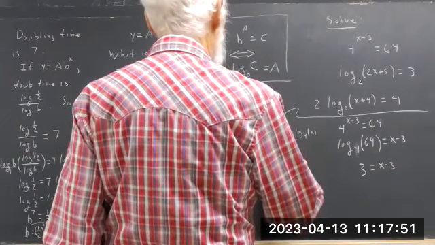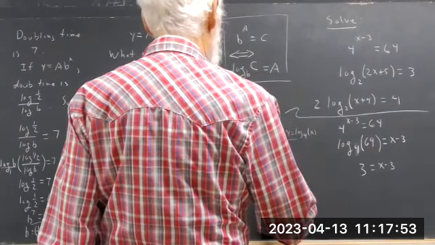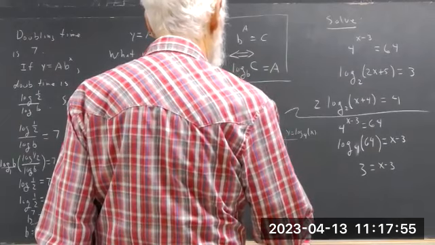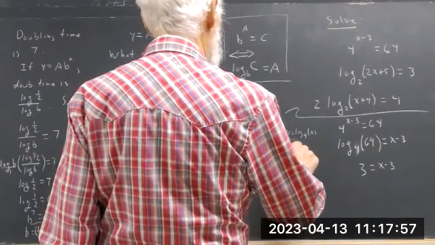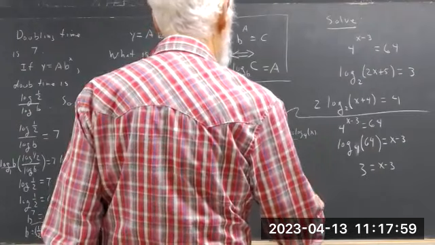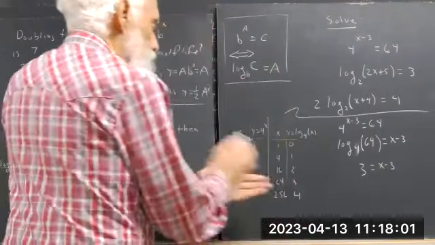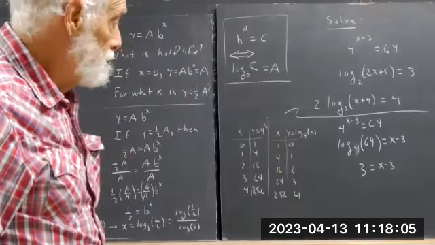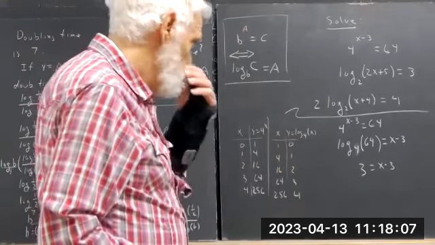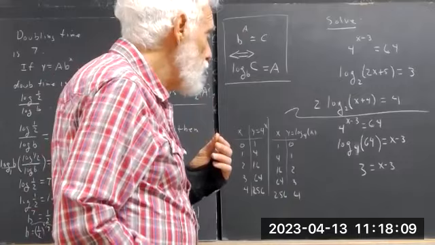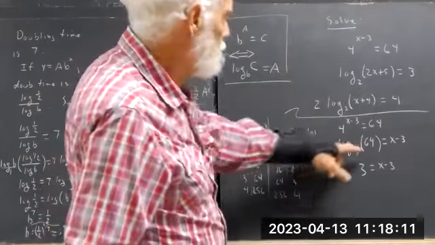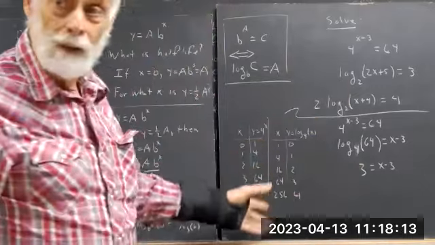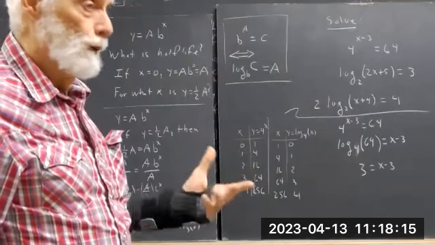The log base 4 table. Which column? So when you have a problem that looks like this, it takes only seconds to do this, if you know the powers of your number.